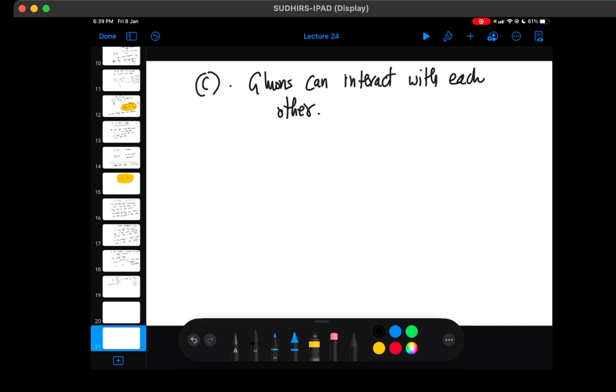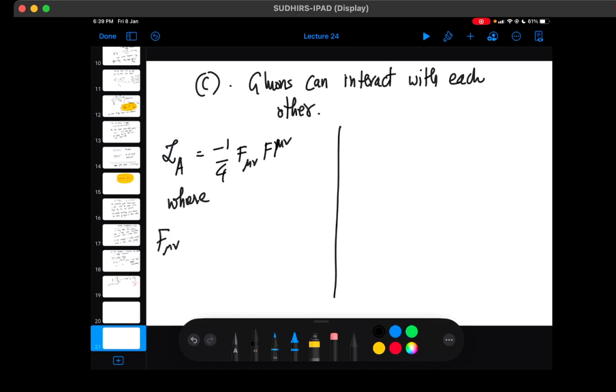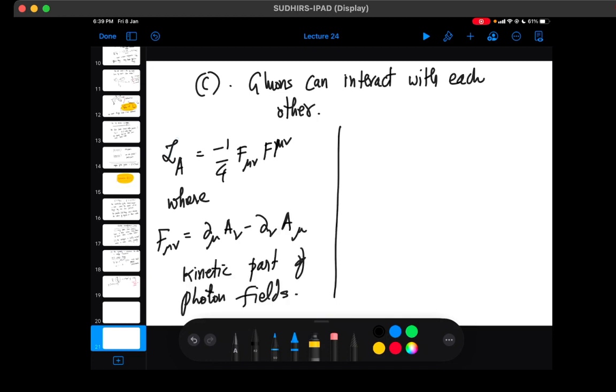Let me remind ourselves of the photon. For photons we wrote L_photon equals minus 1/4 F_μν F^μν, where F_μν equals ∂_μ A_ν minus ∂_ν A_μ. This is essentially the kinetic part of the photon fields.